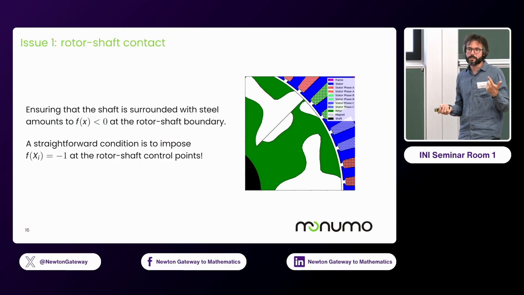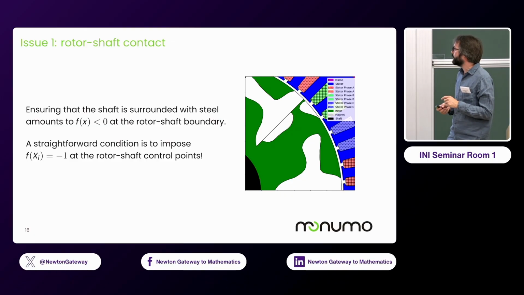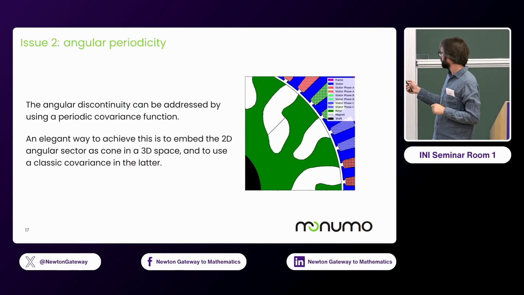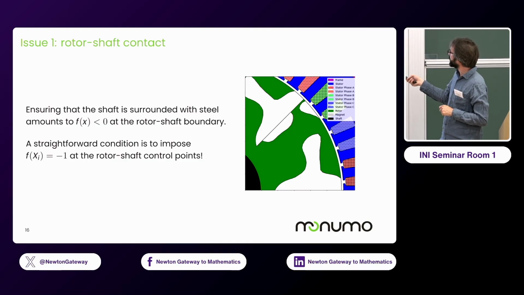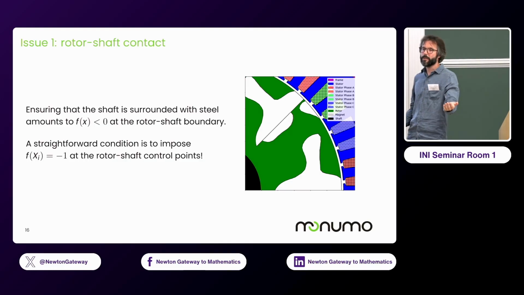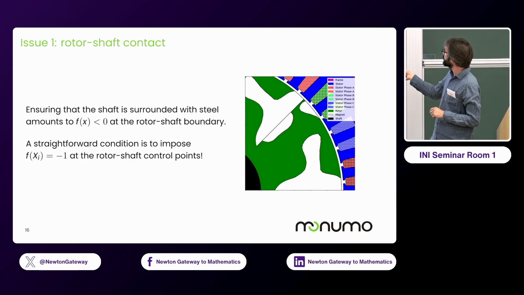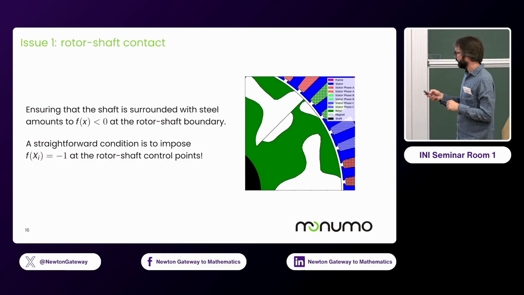These two things make it difficult to encode exactly with Gaussian processes, but there's a very sweet shortcut: for the control points that are in here, I'm just going to impose a negative value. So I'm going to impose the value of -1. It's a bit arbitrary, but it does what I want. I end up with steel at the interface with the rotor, so I know I can transfer torque.